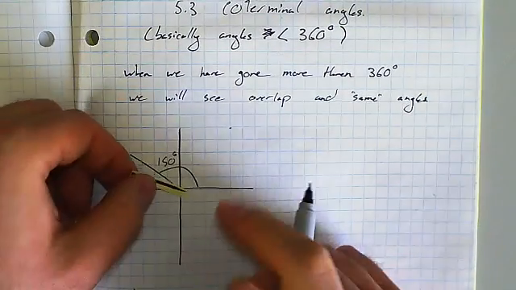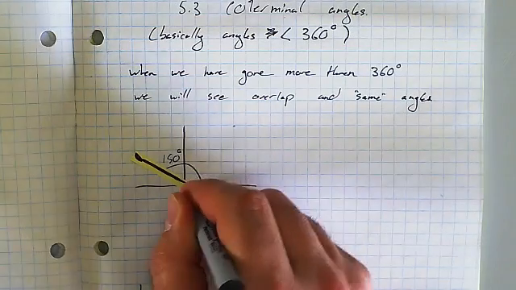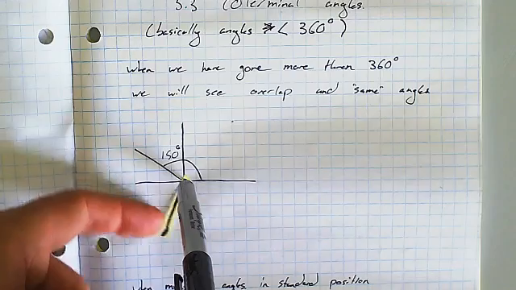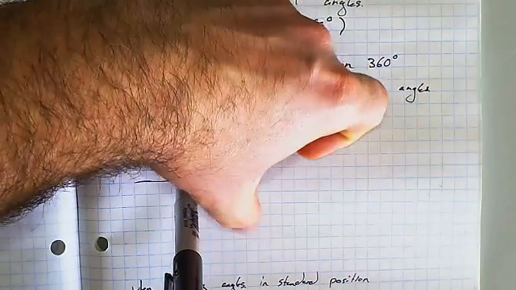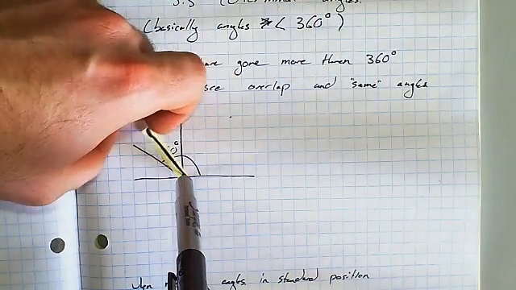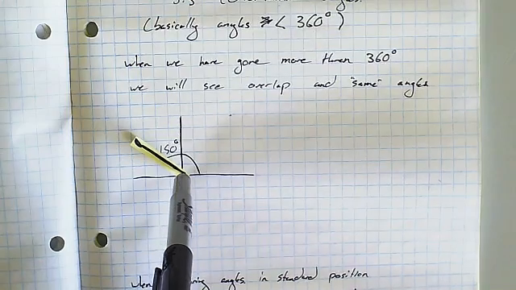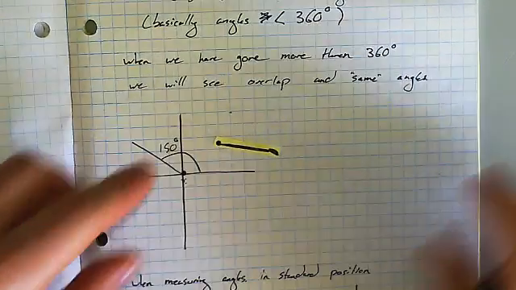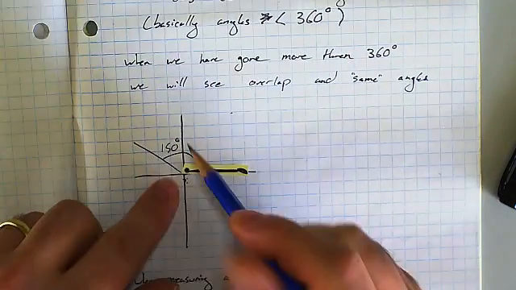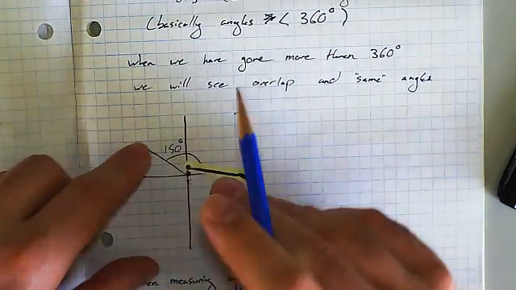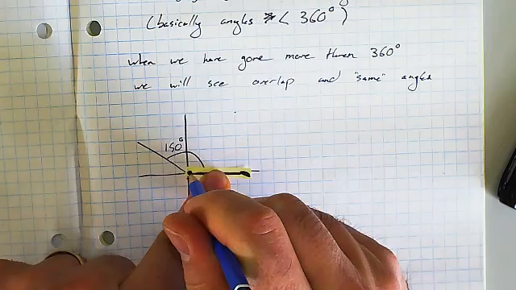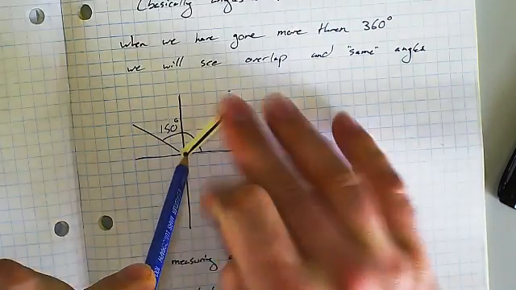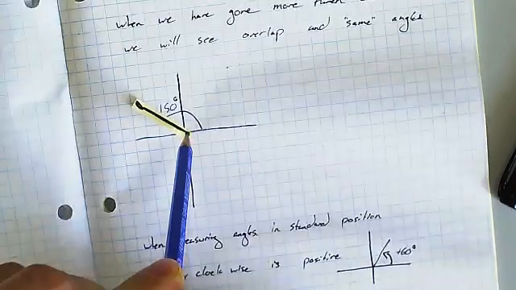If I have my radial arm, if I go all the way around and do a lap, going from 0, I go up to 150, like so.